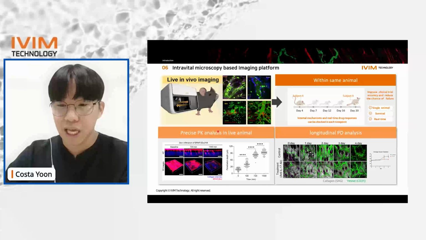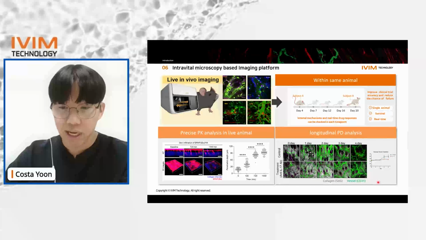The platform enables PK analysis of drug penetration depth, distribution, and retention. It also supports precise PD analysis by tracking changes over time, including vascular dilation, immune cell infiltration, and collagen remodeling.